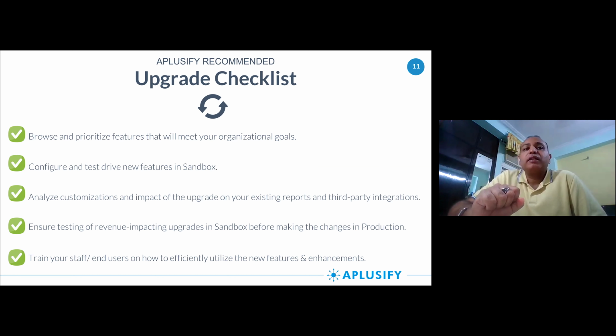Then most important, train your staff and end users. You have to train your staff, because staff are the people who are going to use the system, and your end users are the people who are going to use the system. So staff should know what all new features are there. Like if a staff does not know how to cancel a membership midterm, right, how will he do it?